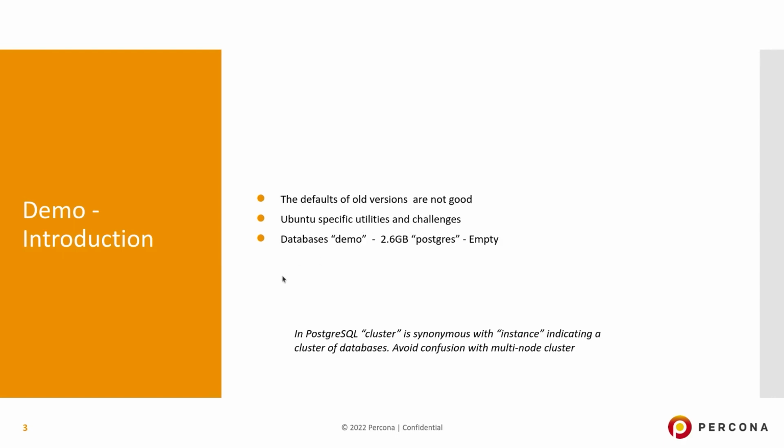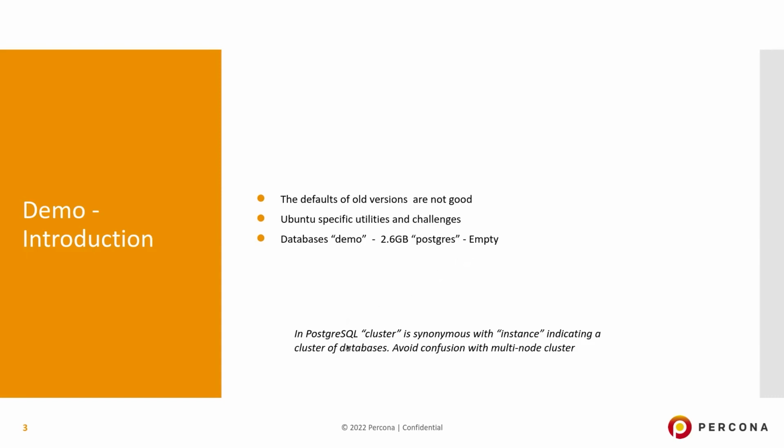And third, we'll be using a database of size 2.6 GB, which is small compared to any production environment, but for demonstration purposes that will be sufficient. The database name will be demo, and the default database, Postgres, will be empty.